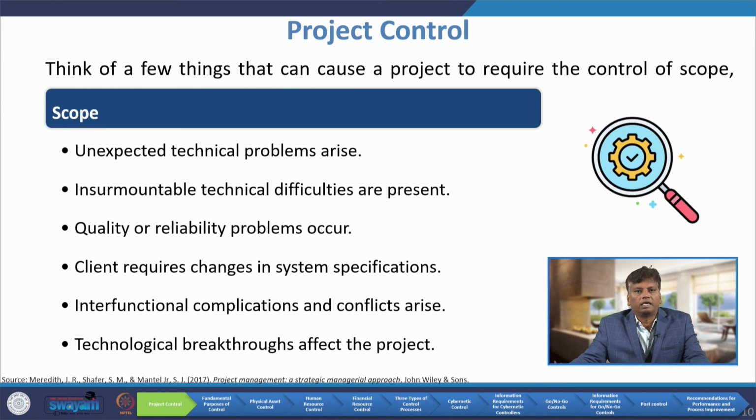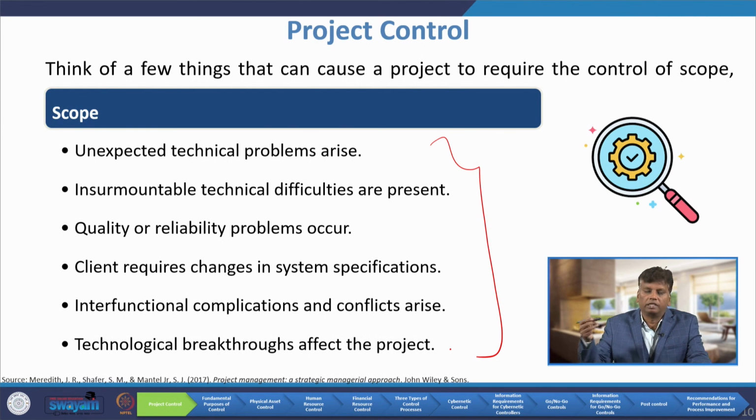Then quality and reliability problems occur. The client requires changes in system specifications. Interfunctional complications and conflict arise. Technological breakthroughs affect the project. These are the symptoms that there is a need to control scope. If scope is not controlled, these symptoms may arise.